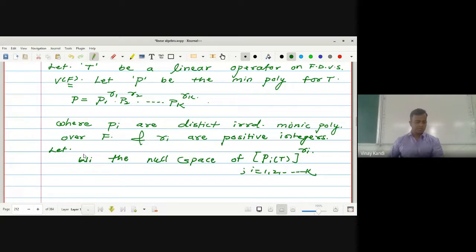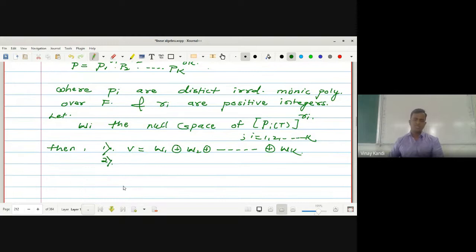Wait. Then first V is equal to, okay, हे सगळे तुम्हाला जर गिवन थिंग्स असतील तर what we have to prove V is equal to direct sum of all the Wi's. W1 direct sum of this one, this is WK.